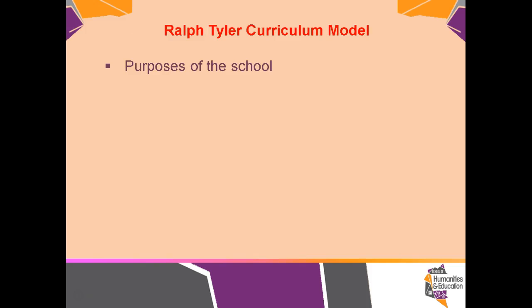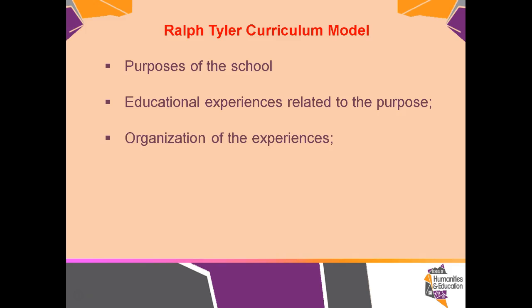Our Tyler curriculum model has 4 components in it here. The purpose of the school, the educational experiences related to the purpose, organization of the experiences, and evaluation of those experiences. These are the 4 areas of the Tyler curriculum model.